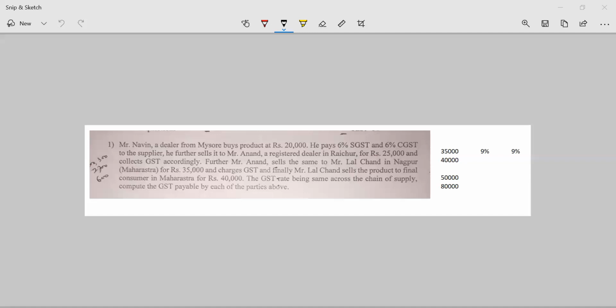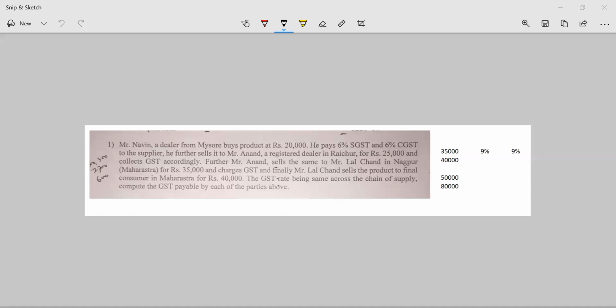Anyone got the answer? It is 4050 SGST. Is that the final? For whom?